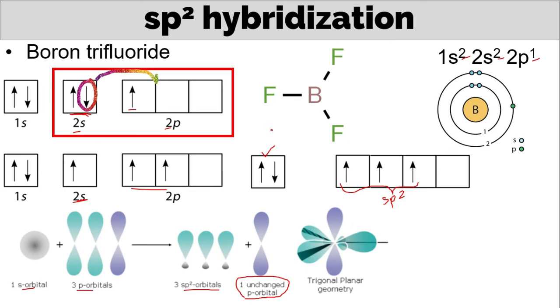Therefore, all are on a plane with the angles of 120. Take note that in sp2 hybrid orbitals, you have one unpaired p orbital. So if you're going to draw the molecular geometry of BF3 or boron trifluoride, you will have this. This is 120. This is 120.